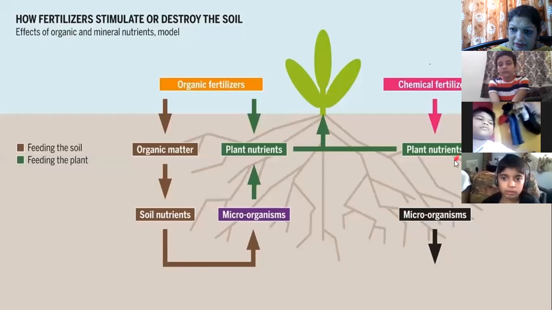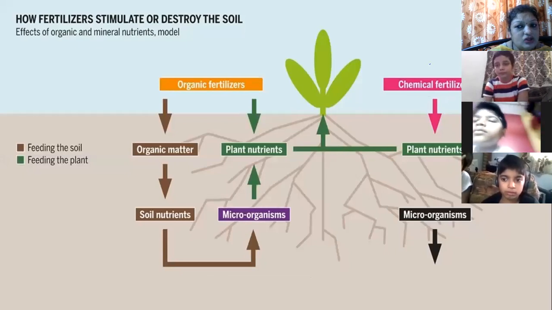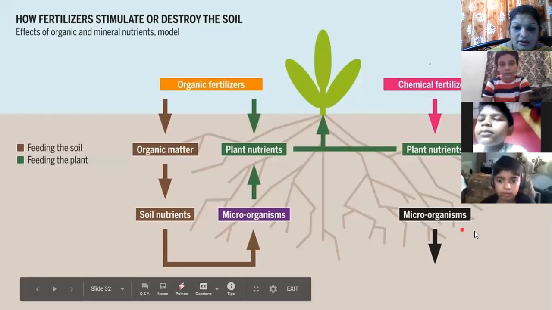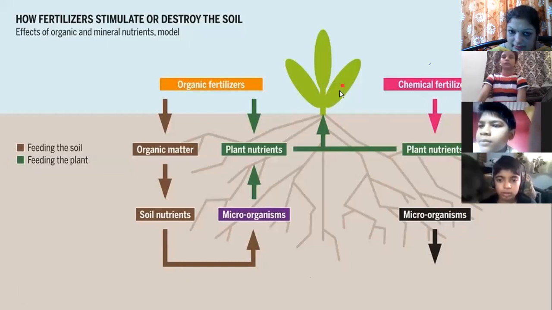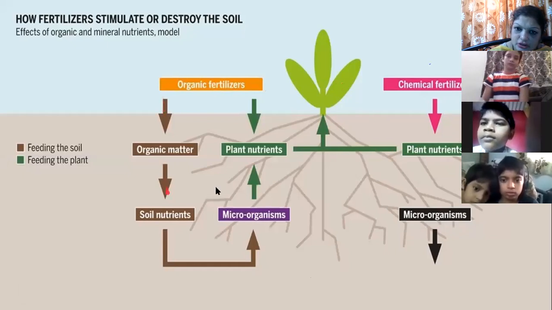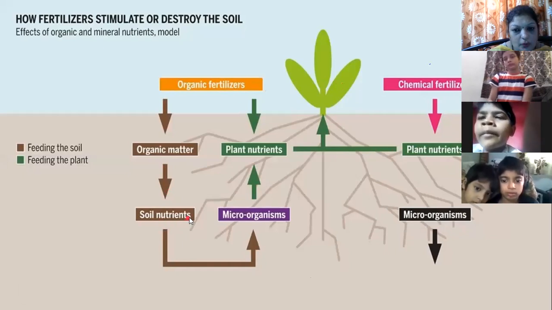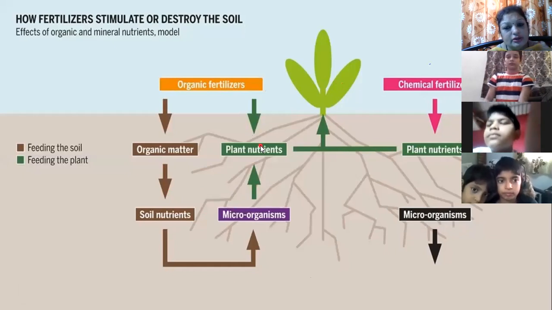This chemical fertilizer is not going deep into the soil. It is not used by microorganisms even. Straight away nutrition is provided to the plant, so the production will be more. But organic fertilizer, what is happening? It is providing nutrition to the plant as well as to the soil. So production will be less, but you will get good quality food to eat.